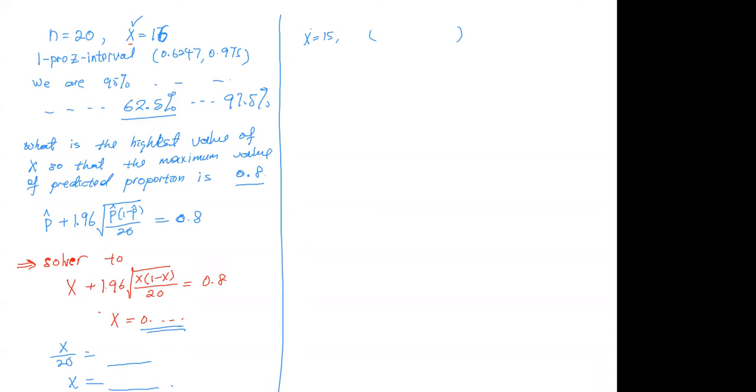Try 15, then 95. Then you jot down. So the highest is 0.939. Maybe I go down to 12 straight away, then you can get the answer as well. But you must record down your answer.